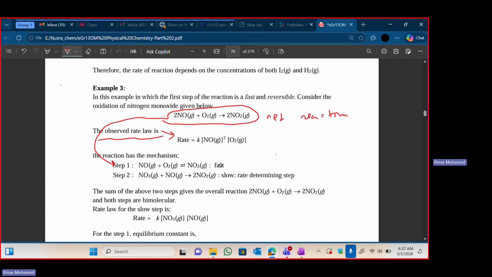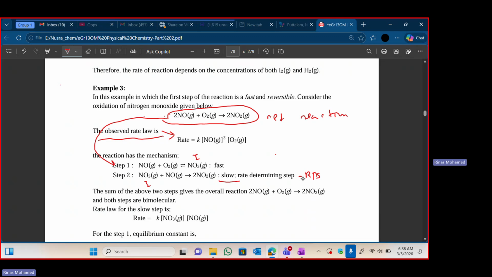This is the fast step. After that, NO3 is the intermediate, and it comes into the action in the second step. The intermediate reacts with another NO from the reactants, producing NO2, NO2. This is the slower step and the RDS.